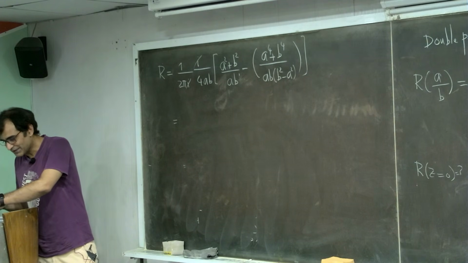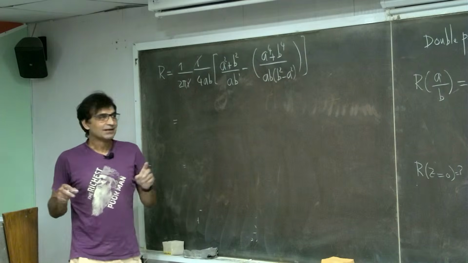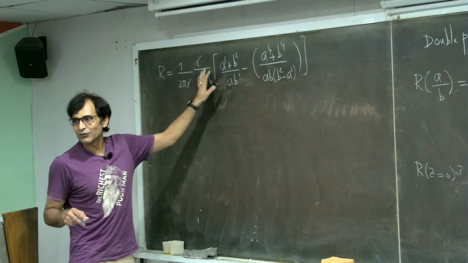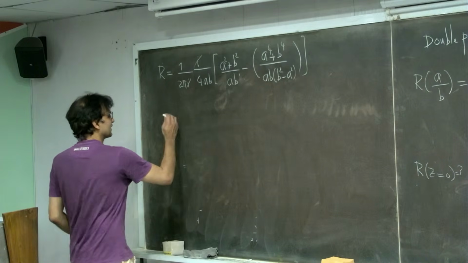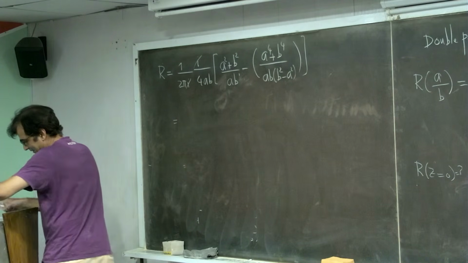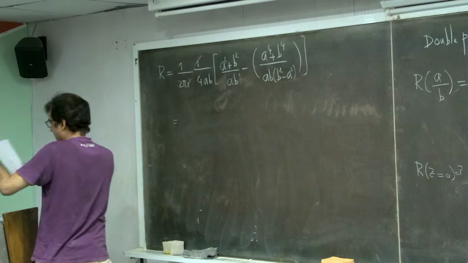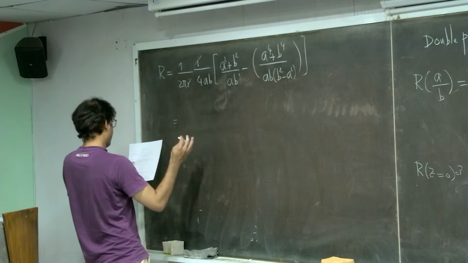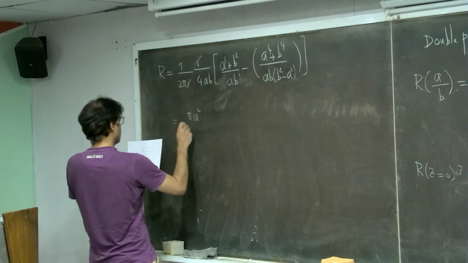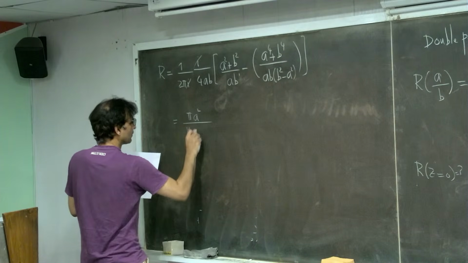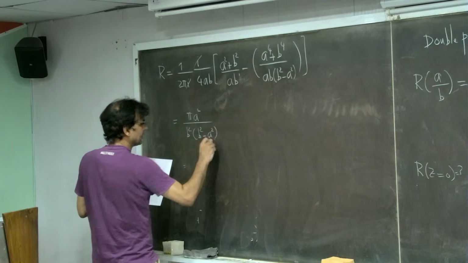I'm not wasting much of my time on that because all we have to do is simplify, nothing else. So you can find the answer, right? And the answer is pi A squared over B squared into B squared minus A squared.